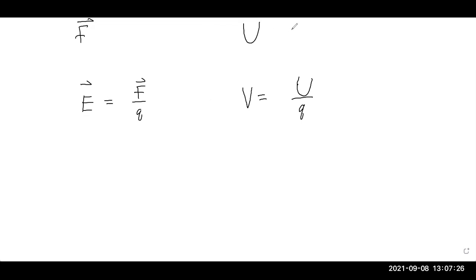So if electric field would be measured in newtons, we have newtons per coulomb as a way of measuring electric field. This should be measured in joules. Joules per coulomb would be a way of measuring this, or volts. So it also can be measured in volts.